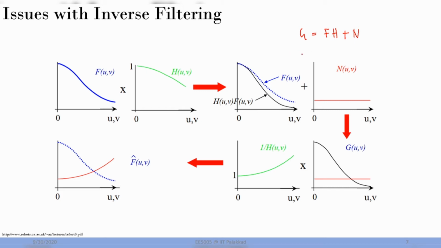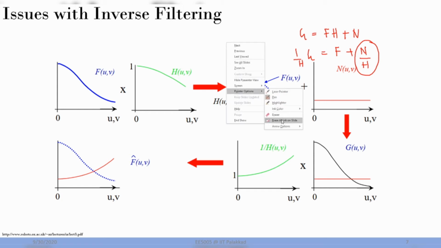It's as simple as that, you multiply everything. So 1 by H is multiplied by G. If you do that, H and H get cancelled, so you get F plus N by H, okay. So this factor is sometimes going to screw you, just like shown over here. So this is important, you have to be careful, and that means a simple inverse filtering, even though it looks very elegant, is completely useless in most practical scenarios, okay.